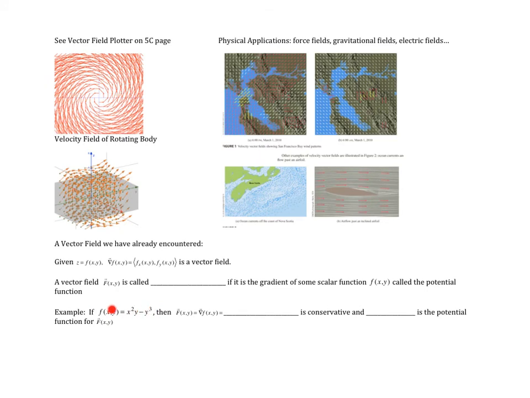Here's this function here. If I take the gradient of this function, what it does is it creates a vector. It takes the partial of this with respect to x, so 2xy, and then the partial of this with respect to y, which is x squared minus 3y squared.